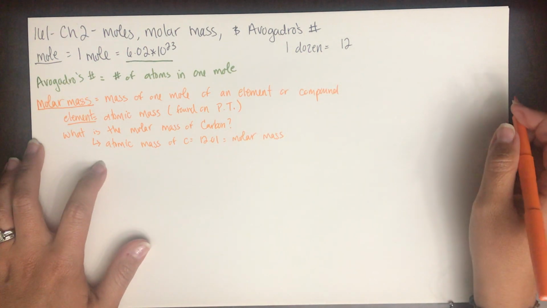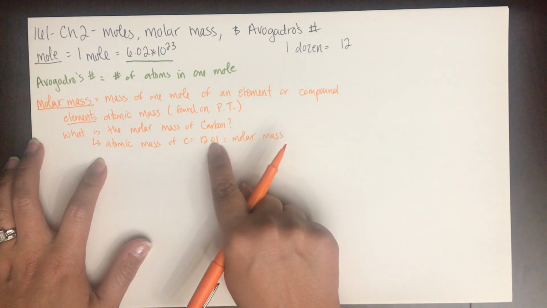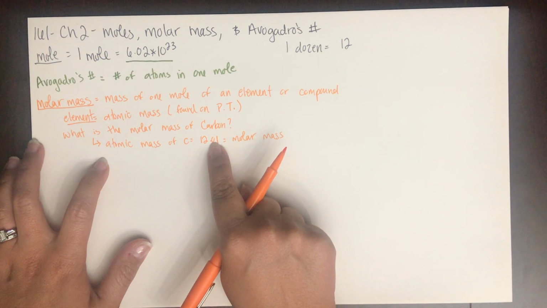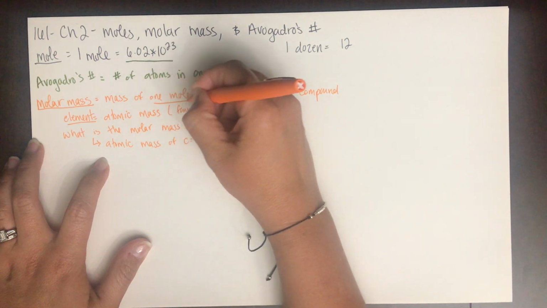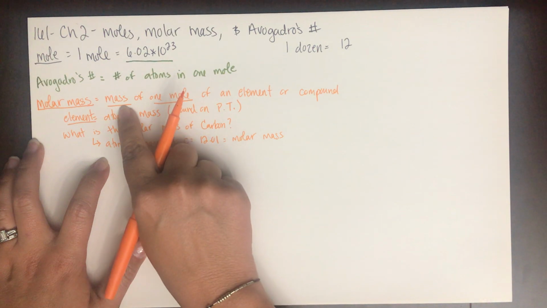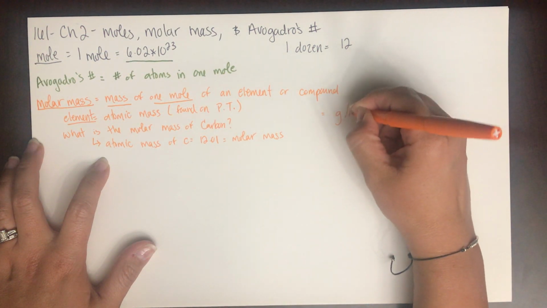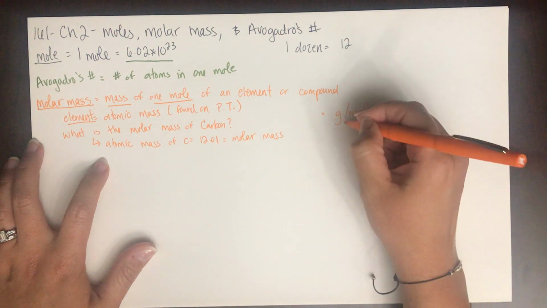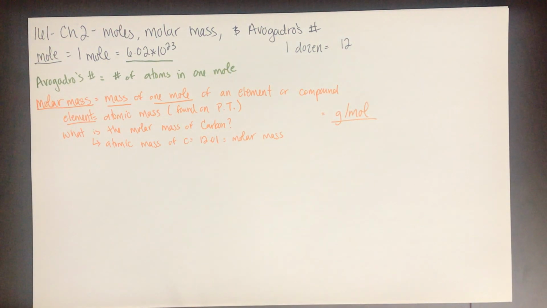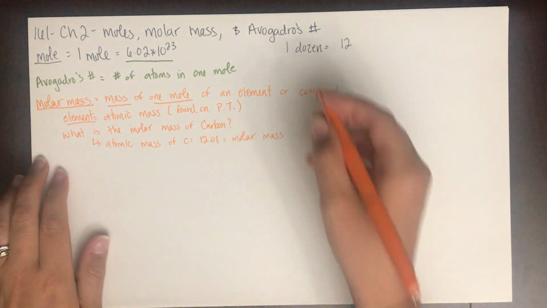The molar mass has a special unit because this is the mass of 1 mole, which means the unit is going to be grams per mole. The unit for molar mass is grams per mole. So the molar mass of every element is the atomic mass on the periodic table.